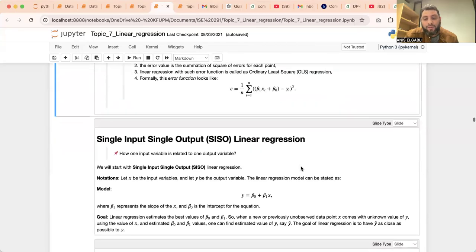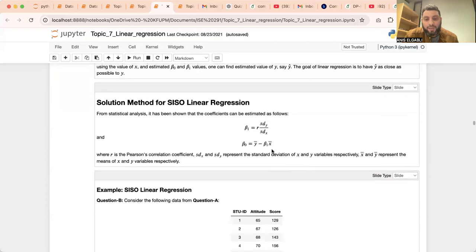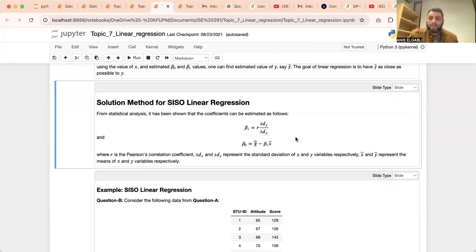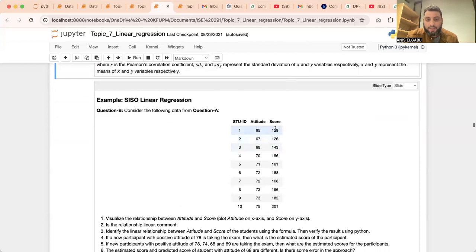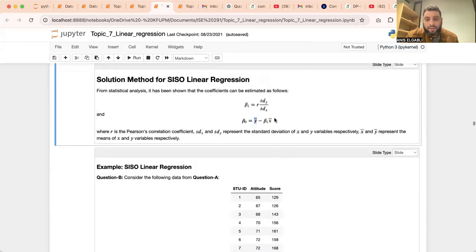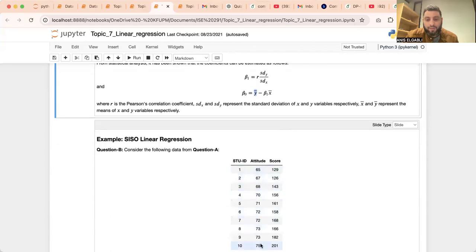Then you can solve for beta 0 and beta 1 and come up with this closed form solution, where beta 1 is equal to the correlation coefficient times the standard deviation of y divided by the standard deviation of x, and beta 0 is equal to y bar minus beta 1 x bar, where y bar is the mean of the attribute y values, and x bar is the mean of the input feature values.